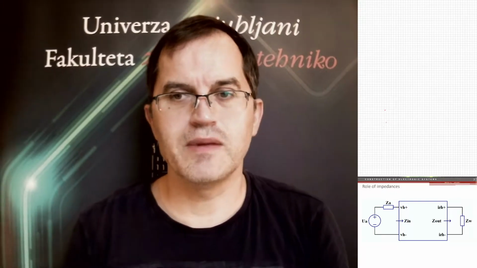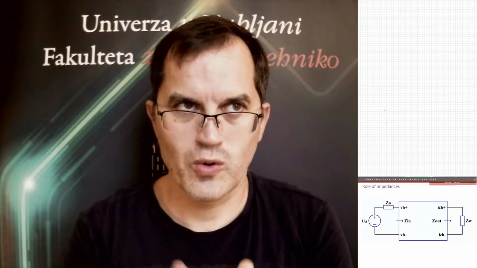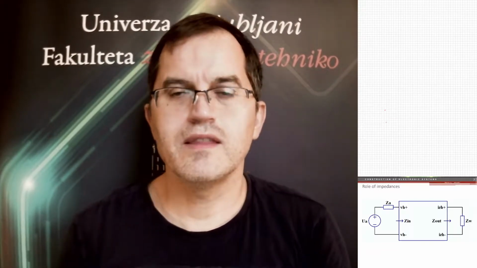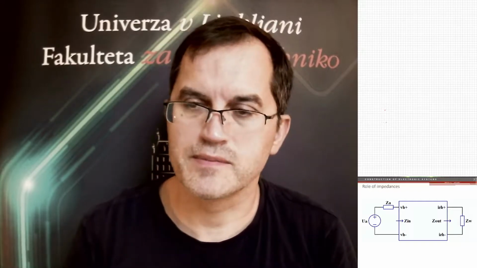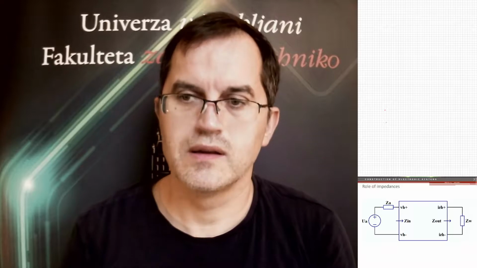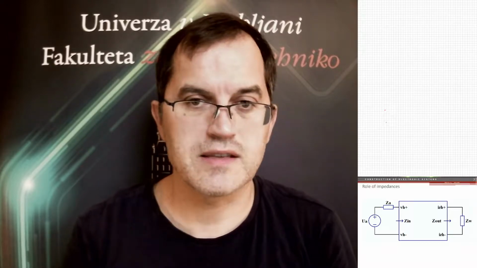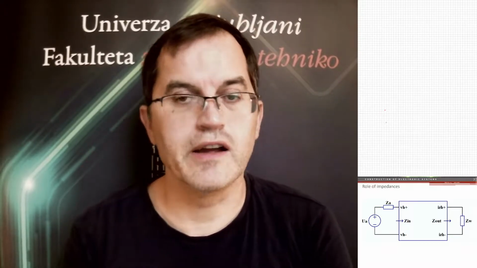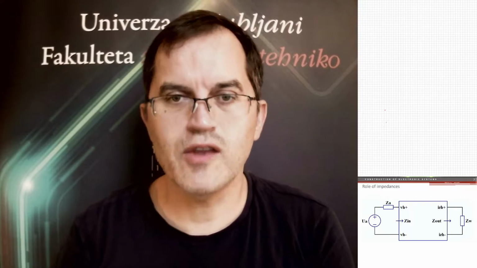So filtering means two things: reflection or attenuation. Now, when these two phenomena happen, if you use in your filter only inductors and capacitance, and if they are ideal, then you cannot have any energy dissipation, because the energy cannot be dissipated in ideal components.